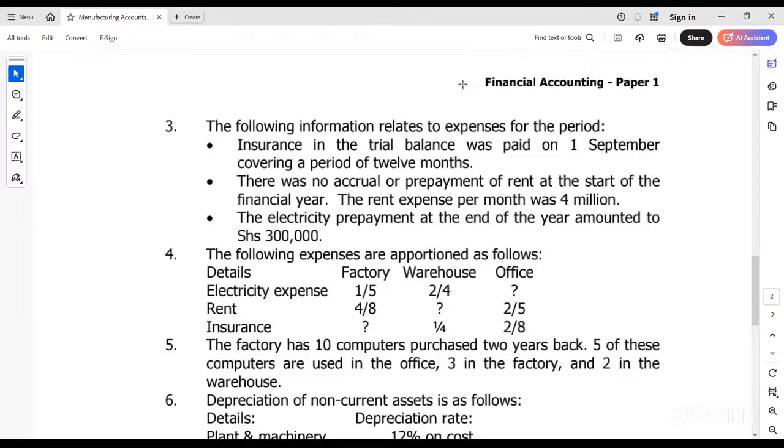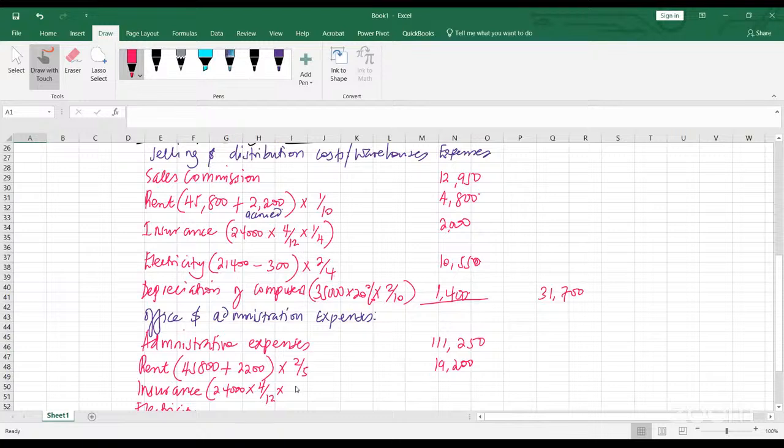So times 2/8, that gives us how much? 2,000. How come it's 2,000? Yes, it's 2,000, sir. Insurance, 2,000.